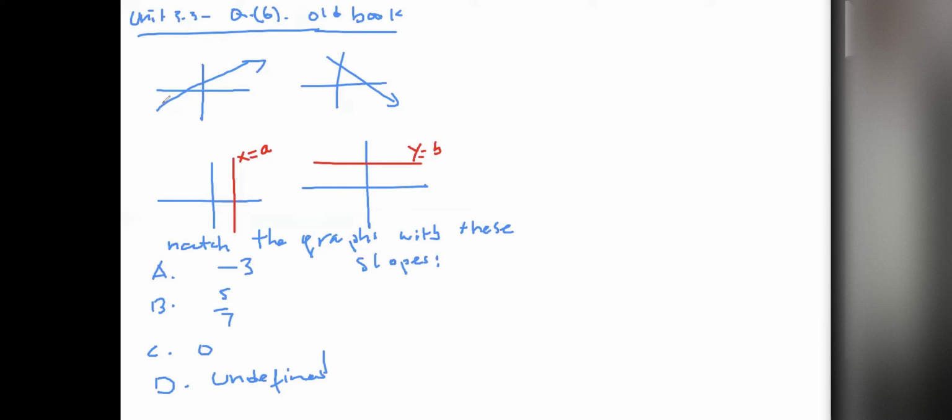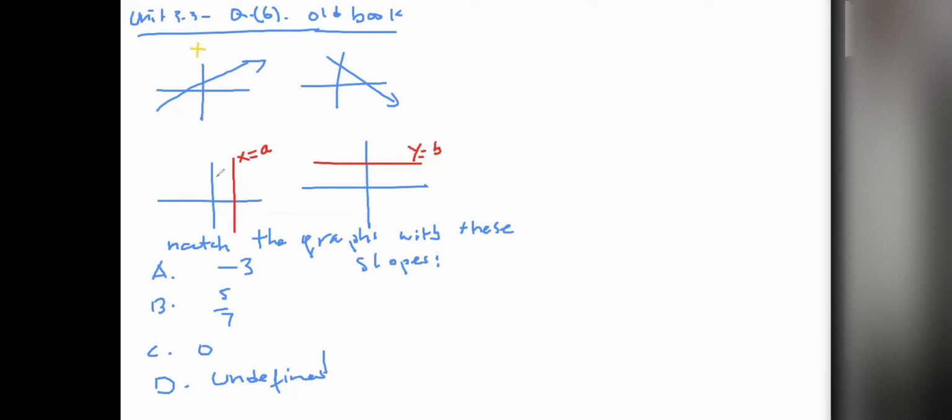So again, when the line rises from the left to the right, what's the sign of the slope? When the line rises from the left to the right, the sign of the slope is? Positive? That's right, it is positive. So which answer matches this?